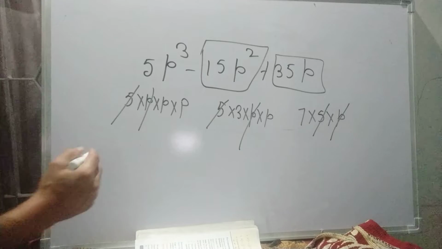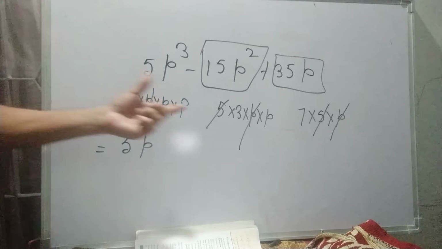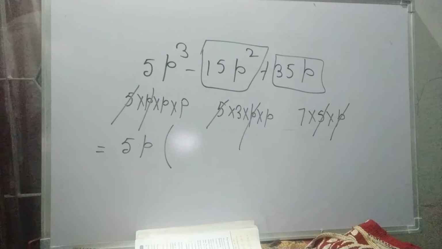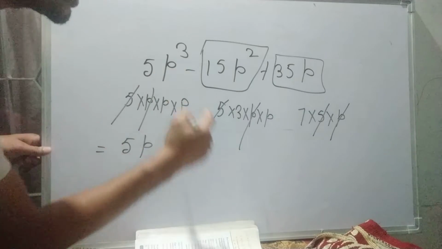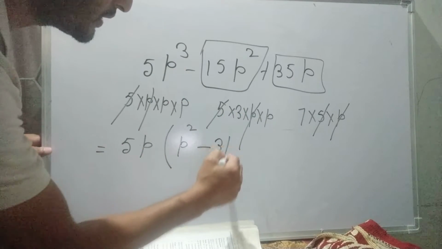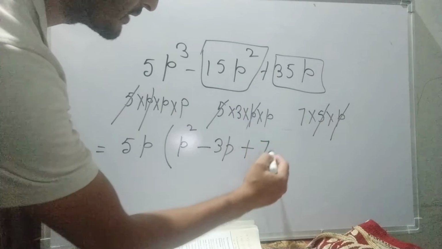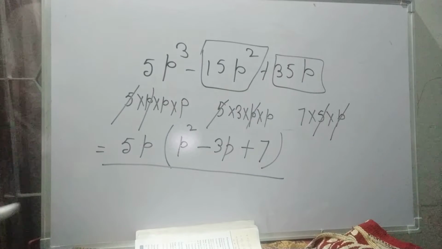Now, if you take out 5p, which is common in the three terms, then using the distributive property we get 5p multiplied by p square minus 3p plus 7 as the factor.